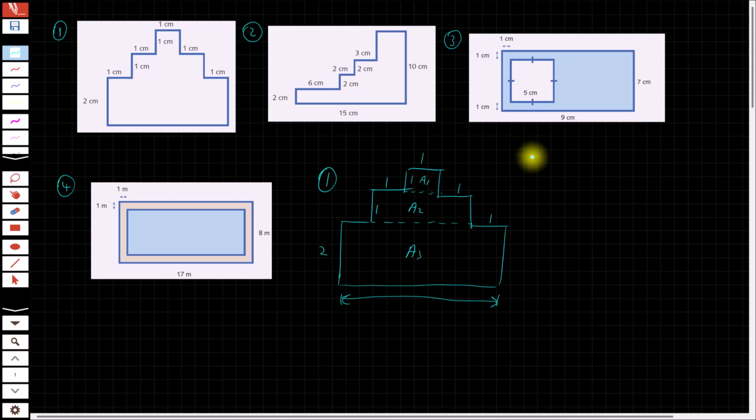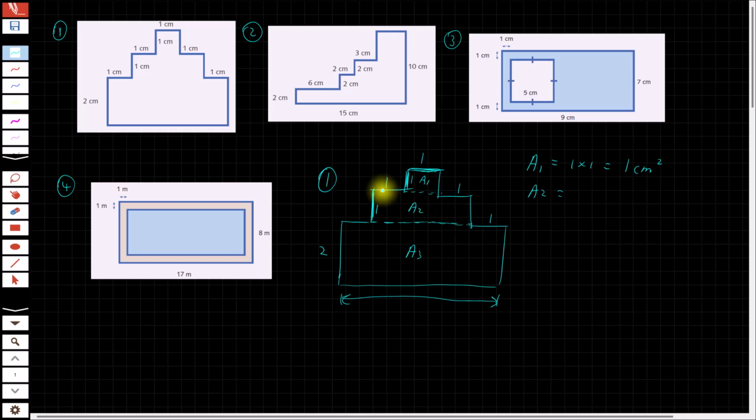So let's calculate area 1. Area 1 equals this side by this side here, so it's 1 by 1. So 1 by 1 equals 1, and the units are centimeters, so it's centimeters squared. Okay, that's area 1. Area 2 equals this length here plus this length here.